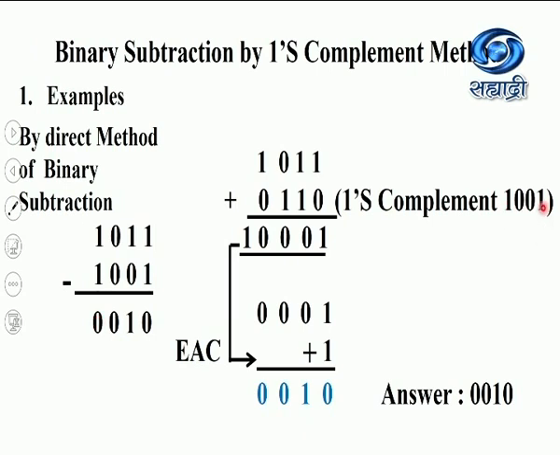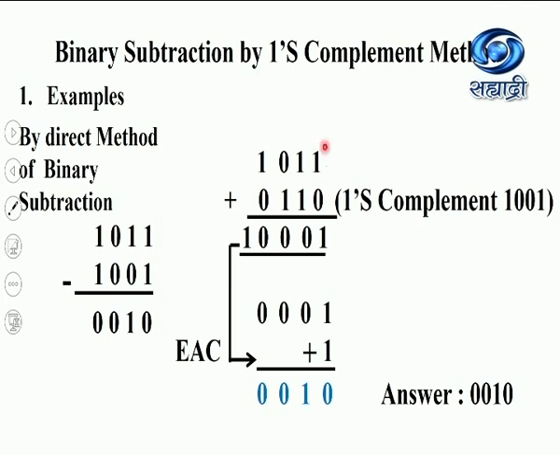We are going to take the ones complement of the second number, which is 0110. This second number is the ones complement of 1001. We are going to add this to the first number, 1011. So now we are going to add these two numbers.